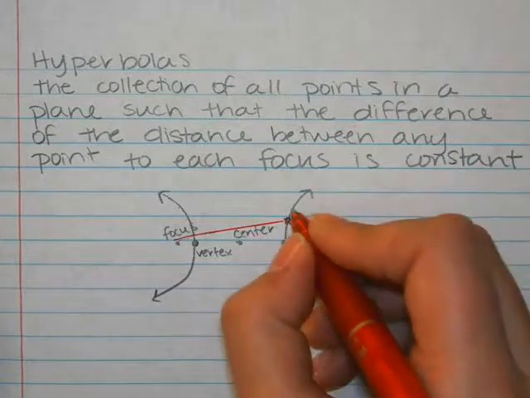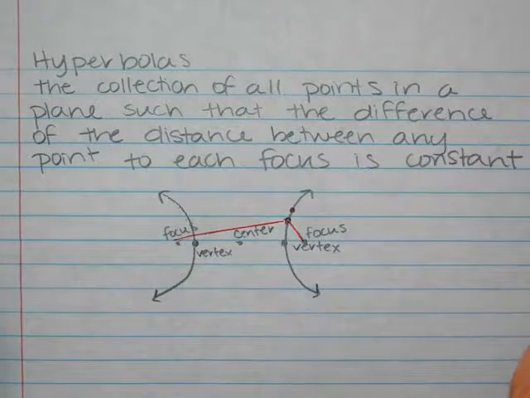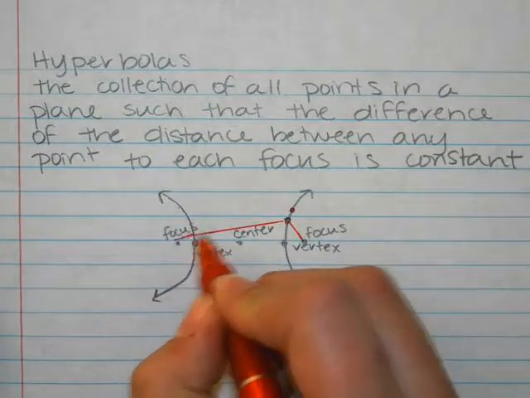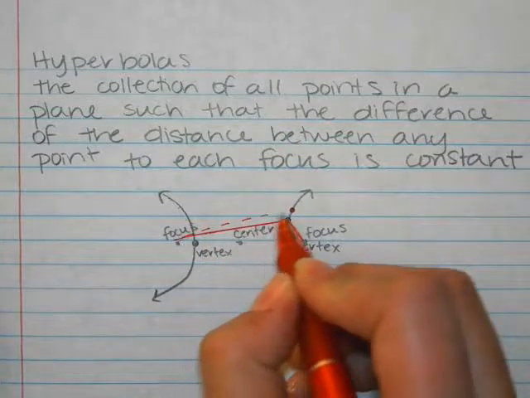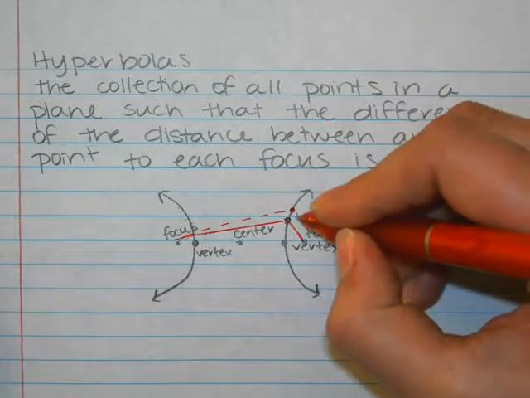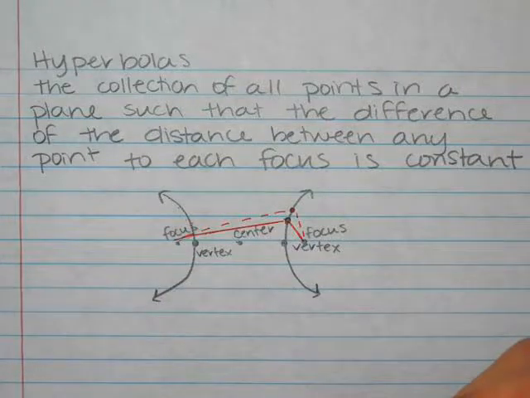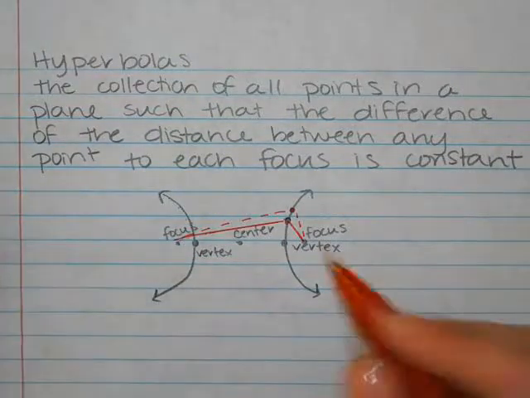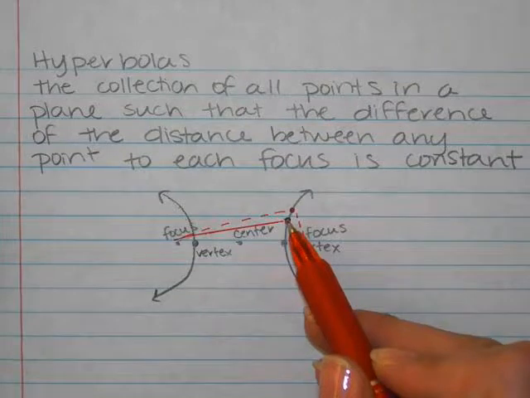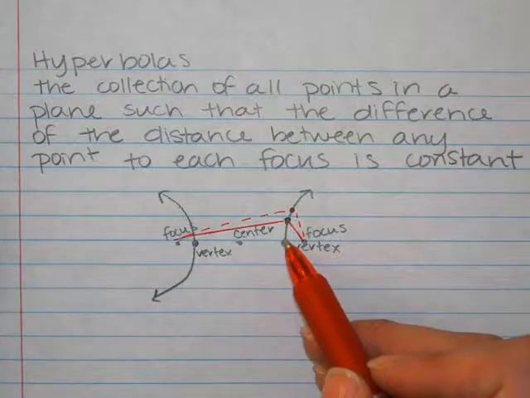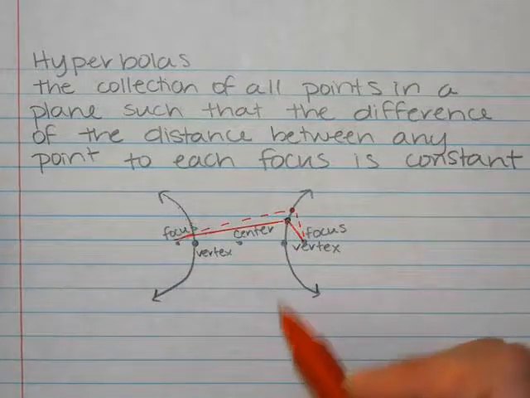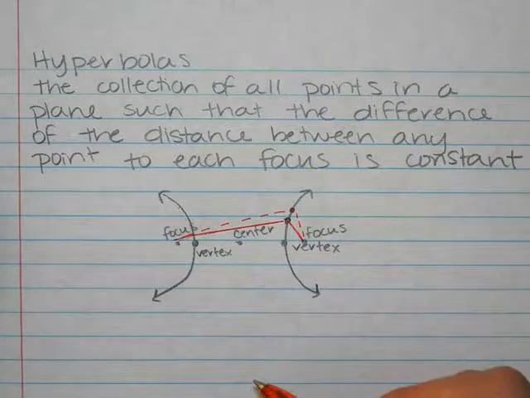And then if I take this point right here, and I find this distance, and I find that distance, and I subtract them, it's going to give me the same number. That's what that definition is saying. So whatever point I choose on the curve, if I find those two distances and subtract them, it's always going to give me the same number.